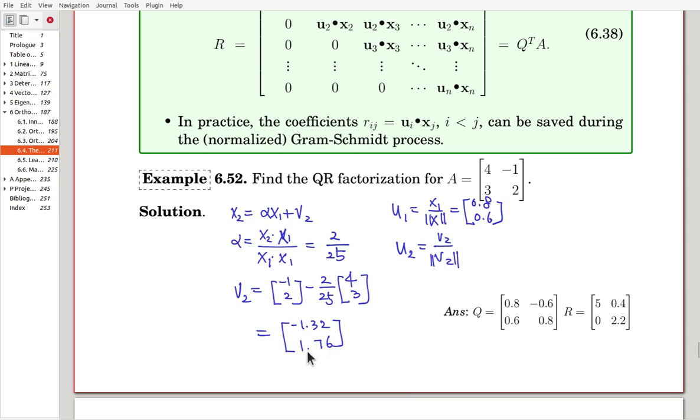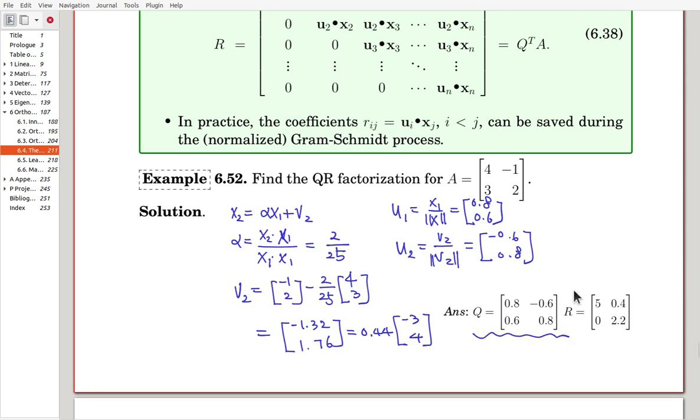Let's see this one in this way. That is 3 times of 0.44 and 4 times of that, so that is -3 and 4. After scaling, we may ignore this portion, and the length is 5, divided by 5, so that we have -0.6 and 0.8. The collection of these two makes Q.